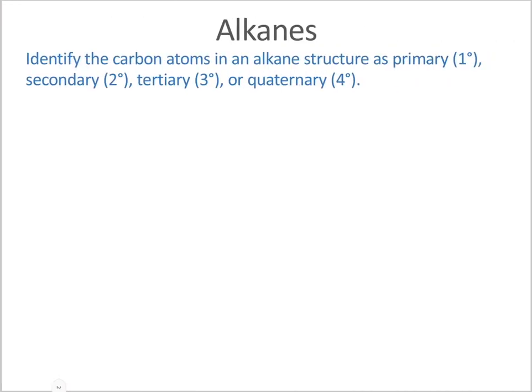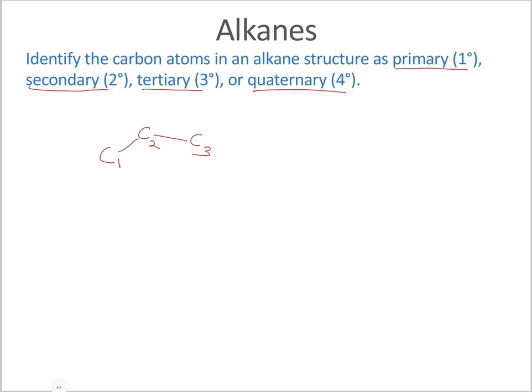The other thing I want you to recognize is the labeling of the carbon as being primary, secondary, tertiary, or quaternary. Now, let us consider something like propane, where we can call this carbon 1, carbon 2, carbon 3.